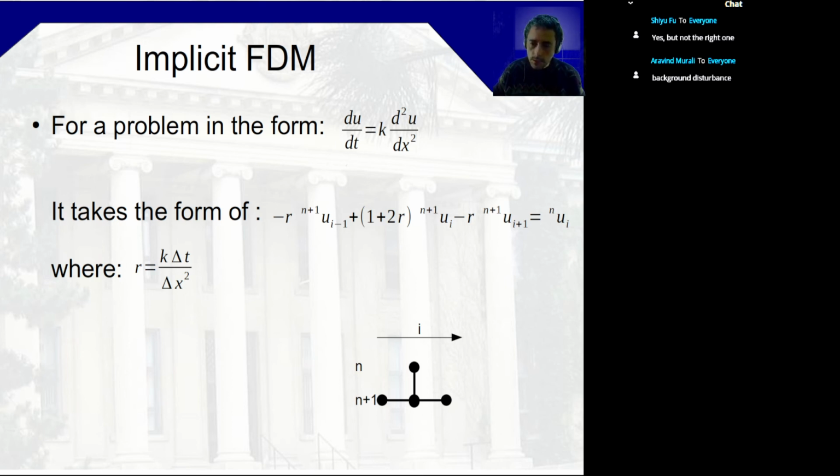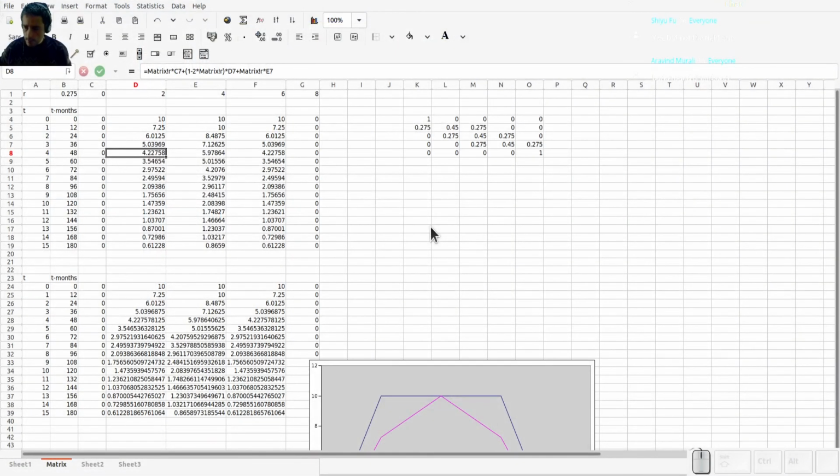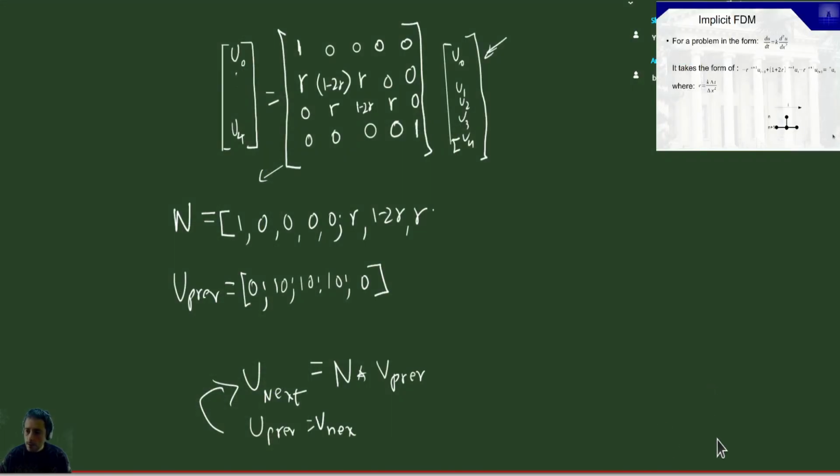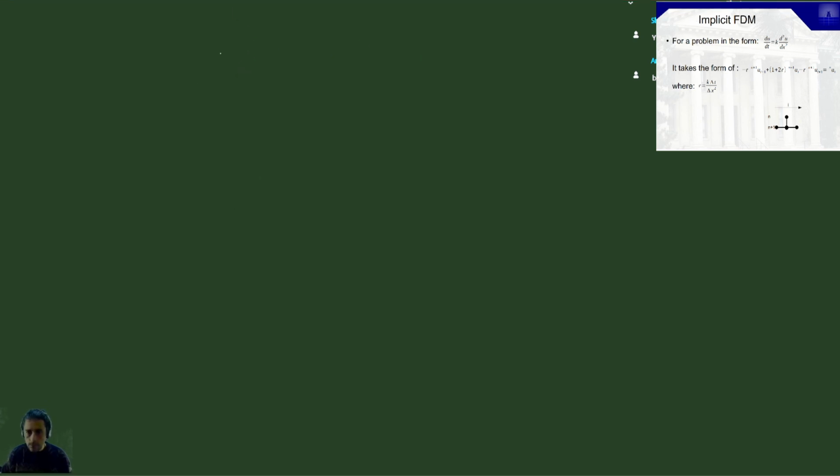Okay, so we go from the same basic equation set, where we had delta u, but this time we say ui at time n plus 1 minus ui at time n over delta t.